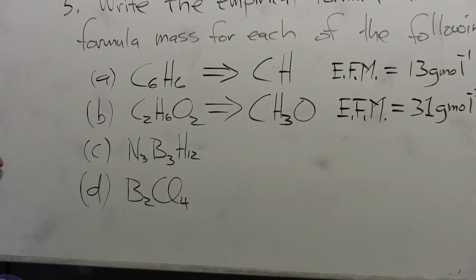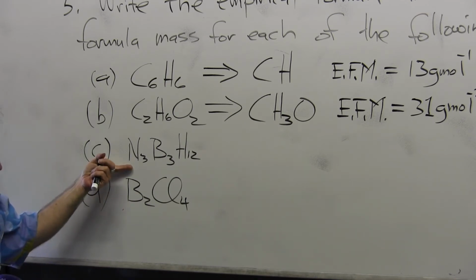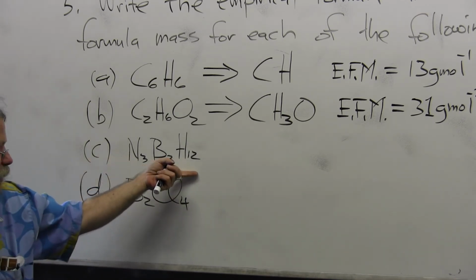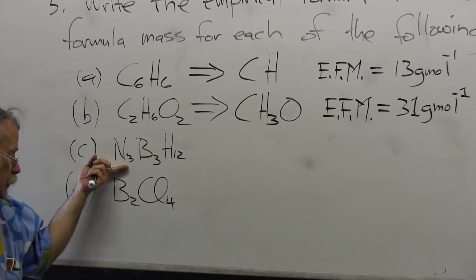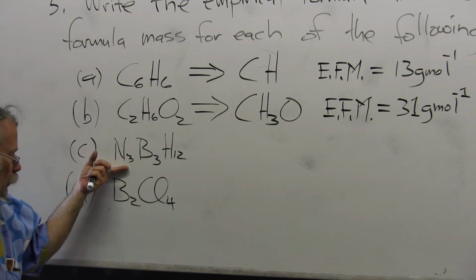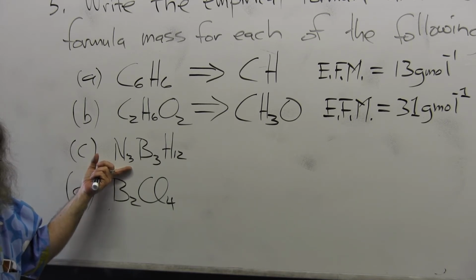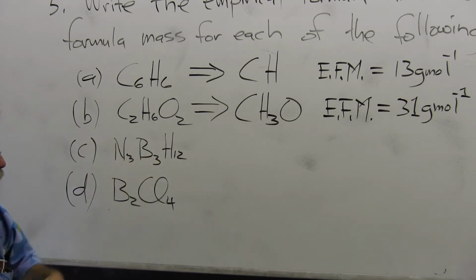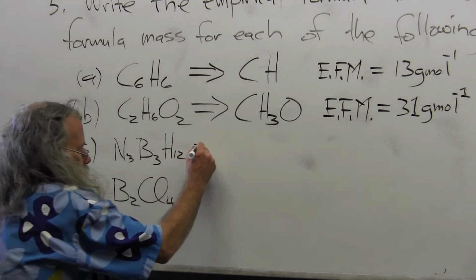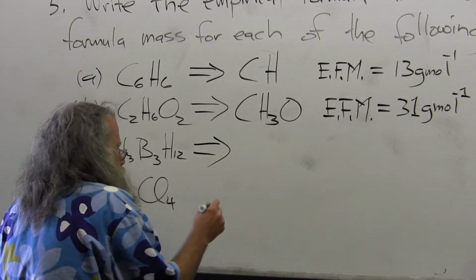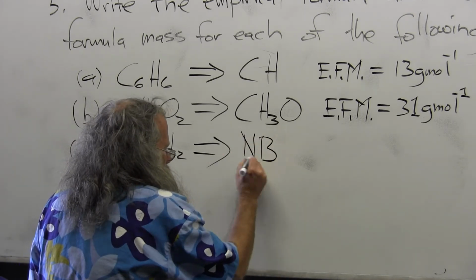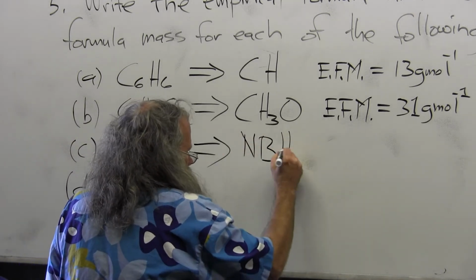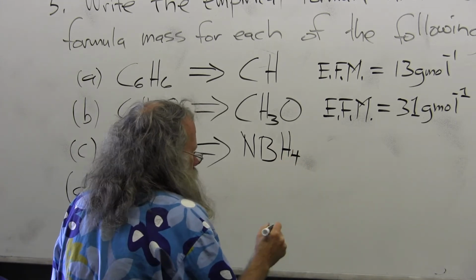And the next one has a formula N3B3H12. Well, the obvious lowest common divisor is going to be 3. 3 divided by 3 is 1, and 12 divided by 3 is 4. So that gives us the following formula: NBH4.